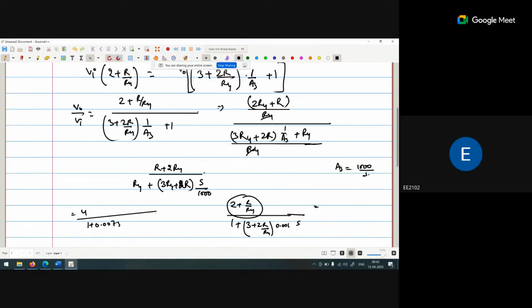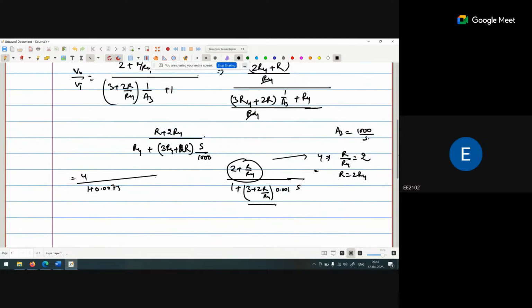Okay, so it is a 4. So that means R by R4 is 2. So R is equal to 2R4. Okay, and this one is 7. So 3 plus 2R by R4 is equal to 7.